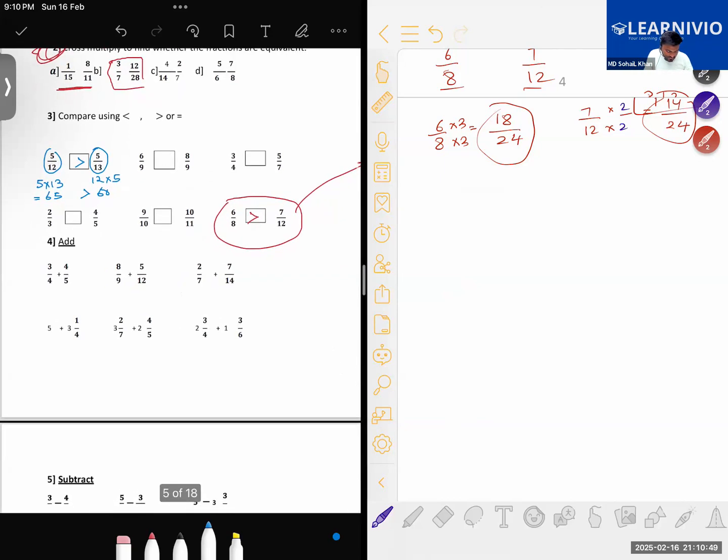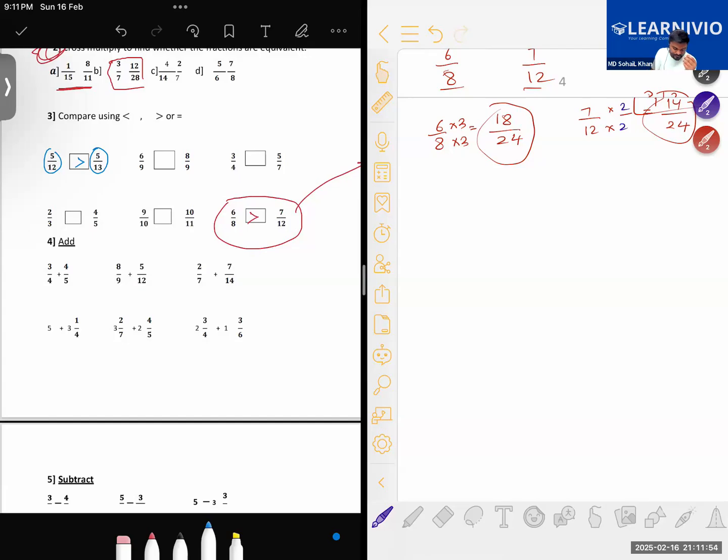Continue. Solve the next question quickly. For the second one, it's 8 upon 9.